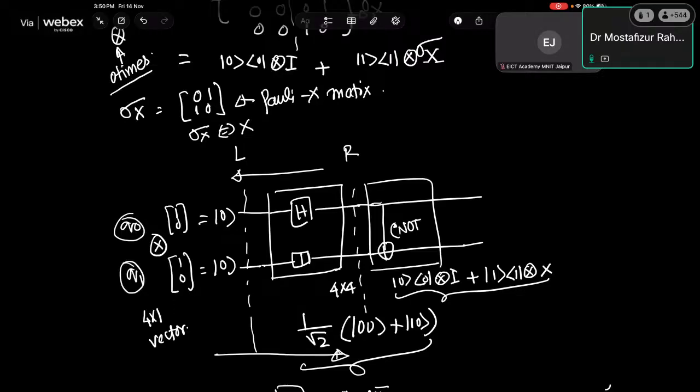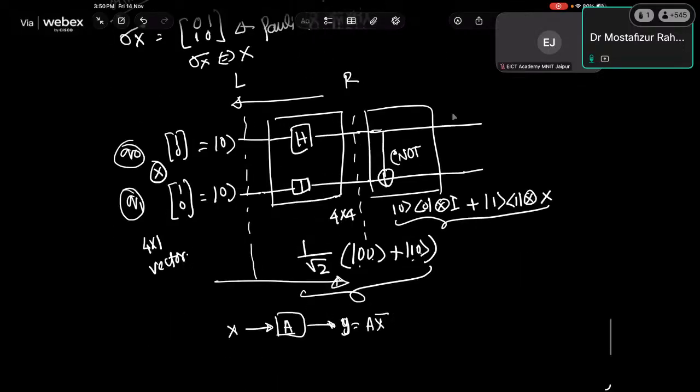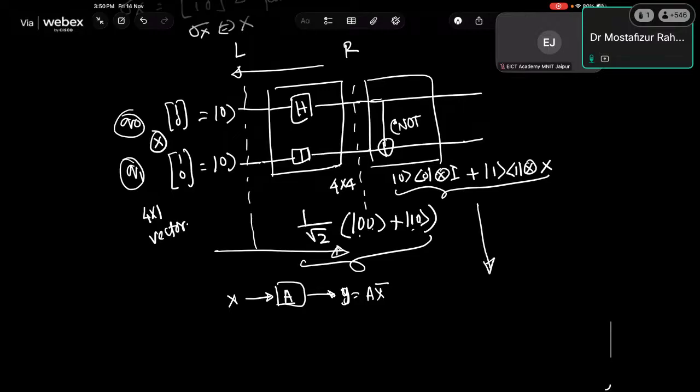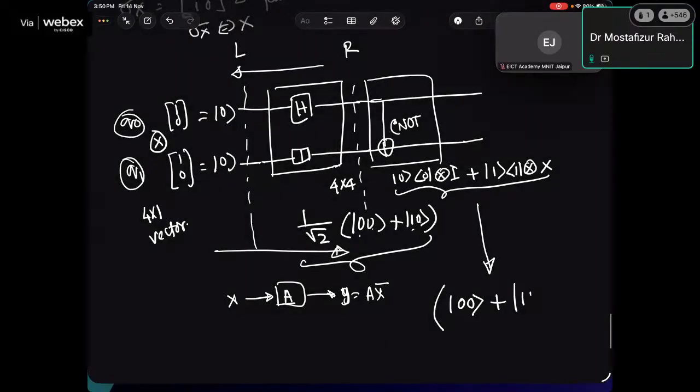If the first qubit is 0, it does nothing to the second qubit. If the first qubit is 1, it flips the second qubit. That is the philosophy. So the output will be, forgetting the normalization factor: if the first qubit is 0, it does nothing to the second qubit. If the first qubit is 1, it flips the second qubit, 0 becomes 1. Right?